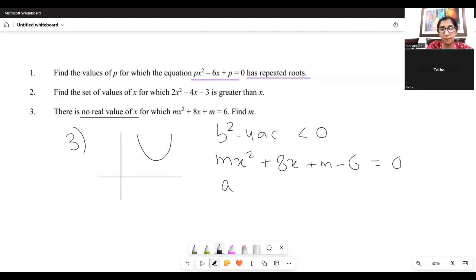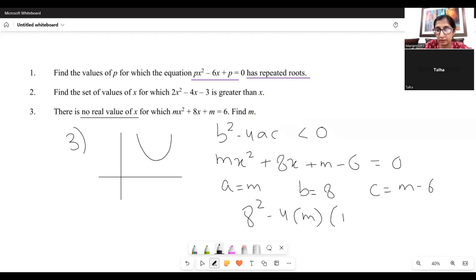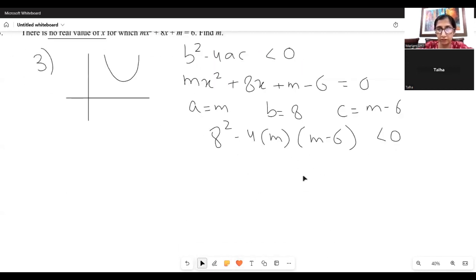Now a is m, b is 8, and c is m minus 6. There would be 8 square minus 4 times m times m minus 6 less than 0. Let's solve this.